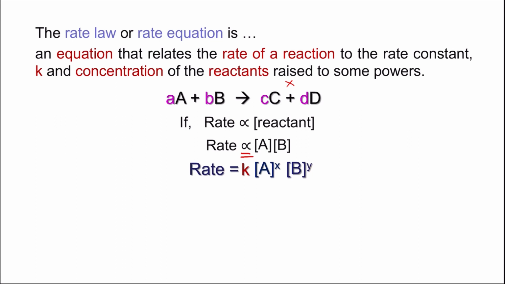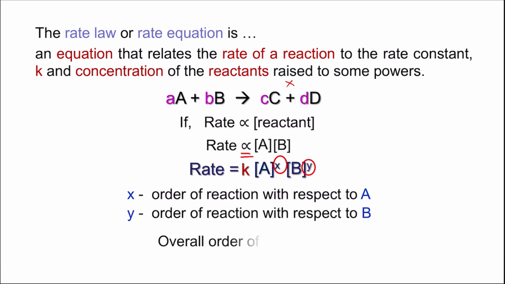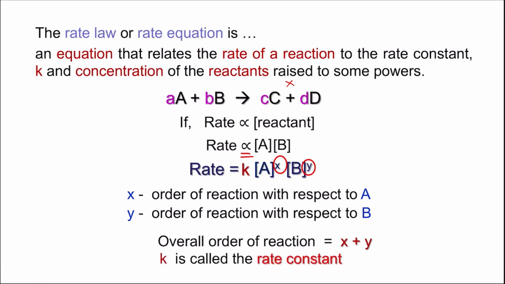Sebab X dan Y ini adalah order of reaction with respect to reactant yang kita mahu talk about. And then seterusnya kalau X tambah Y, dia akan jadi overall order, hasil tambah semua order of reaction. Dan K, macam yang saya mention, dia adalah constant. More specifically kita panggil dia sebagai rate constant. So inilah cara macam mana kita nak write the expression for rate law.